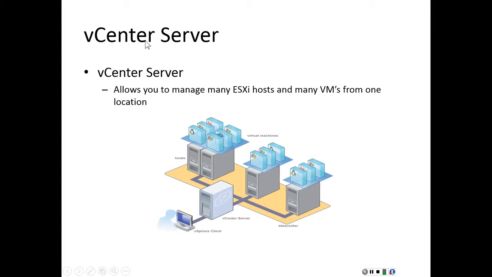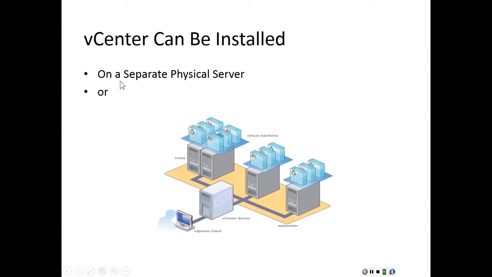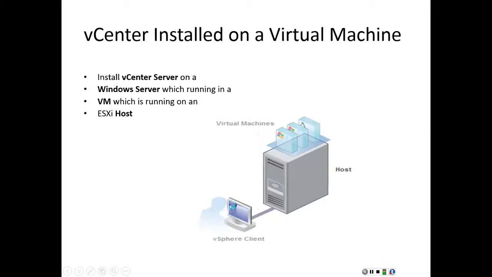So, in summary, vCenter Server allows you to manage many ESXi hosts and many virtual machines from one login, from one location. vCenter Server can be installed on a separate physical server, on a separate physical box, or vCenter Server can be installed on a virtual machine.